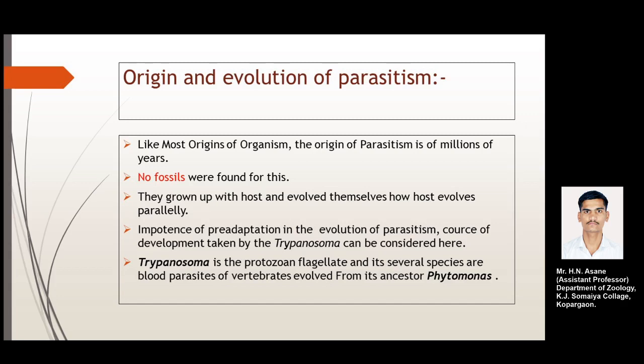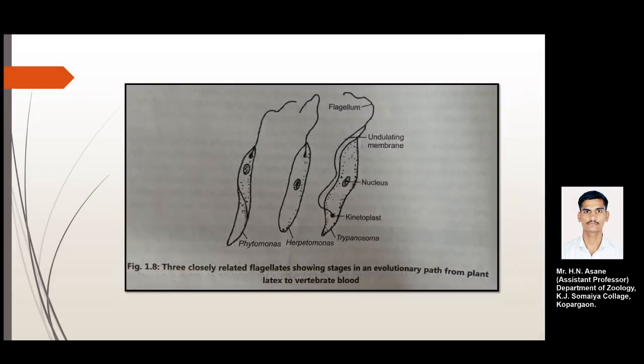So trypanosoma is a protozoan flagellate, and its several species are blood parasites of vertebrates, evolved from its ancestors known as phytomonas. This image shows three closely related flagellates, showing the stages in the evolutionary path from plant latex to vertebrate blood.